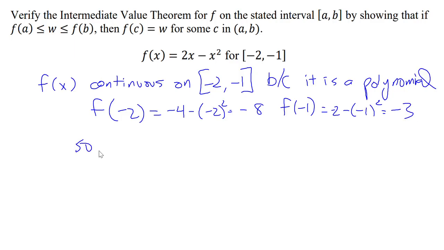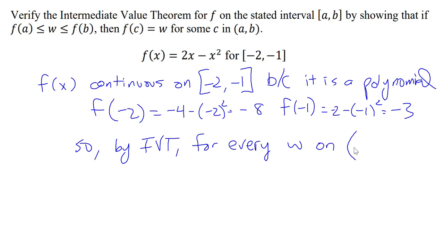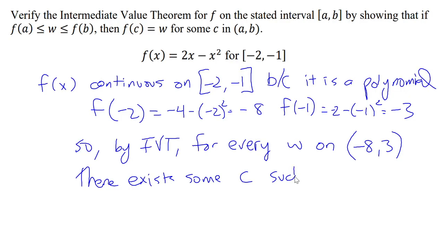So what the intermediate value theorem says is that for every w on the open interval between -8 and -3, there exists some c such that f of c is equal to w on the interval from -2 to -1.